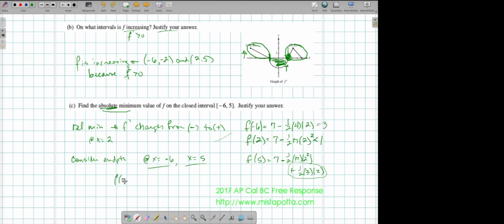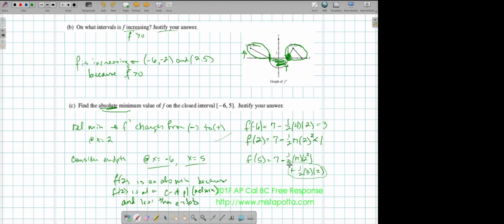So f of 2 is an absolute minimum because f of 2 is at a critical point, and it's actually a relative minimum and less than the endpoints.